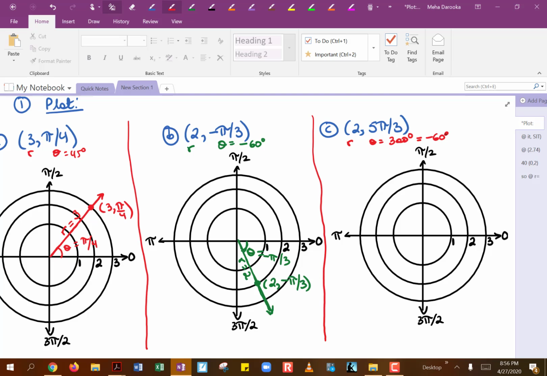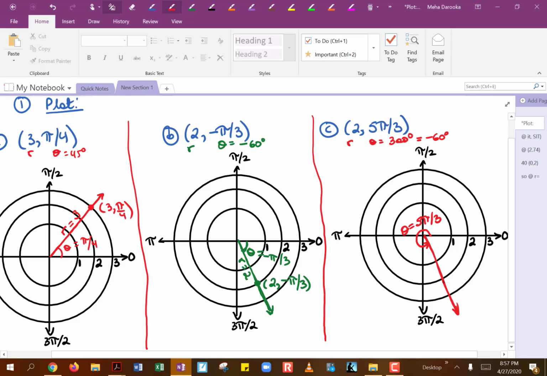So when I go ahead and draw this point, it's not a very straight line, but you kind of get the idea. We are talking about 5 pi over 3, which means you are starting from your initial side and going this way, which is going to be your theta equals 5 pi over 3.